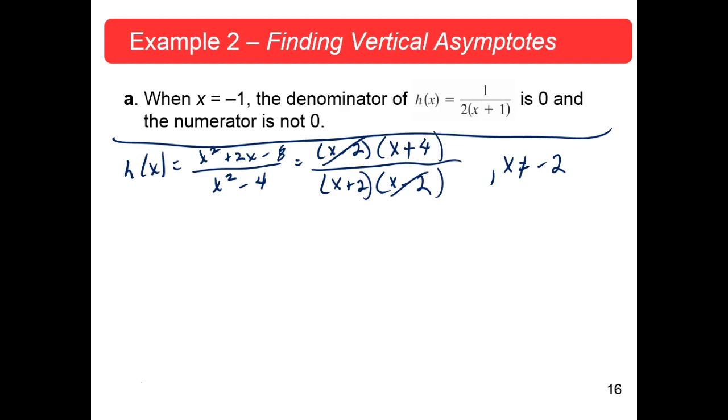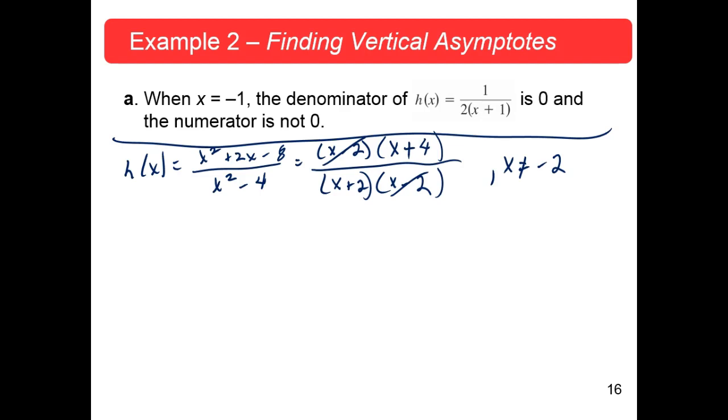X cannot equal a negative 2. And all x values other than x equal negative 2, the graph of h coincides with the graph of x plus 4 over x plus 2. So you can apply the theorem and conclude there is a vertical asymptote at x equal negative 2. They got it right there, okay?